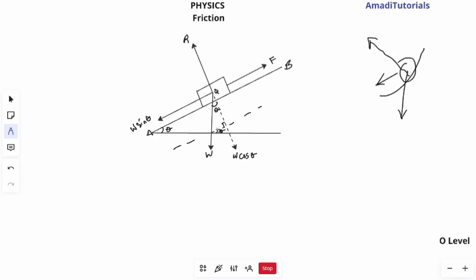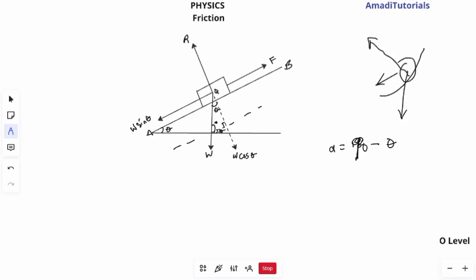If you still want to do it, if you call this other angle A, the summation of angles here will be what? That angle A is equal to 90 minus theta.